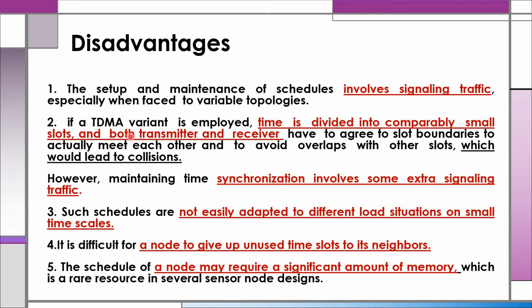The next one: if a time division multiple access variant is employed, time is divided into comparably small slots, and both transmitter and receiver must agree on them. Here there are small boundaries between one slot and another. If there is any minute delay, even in nanoseconds or milliseconds, it will introduce collision in this algorithm.